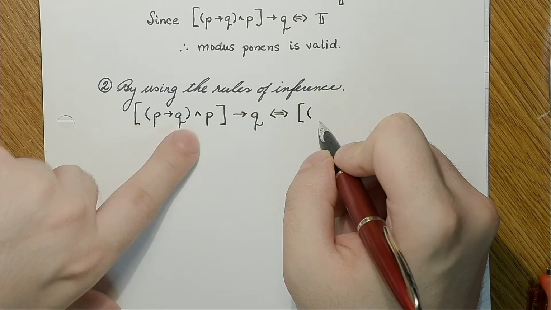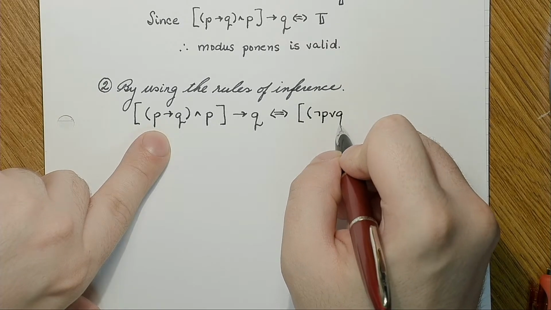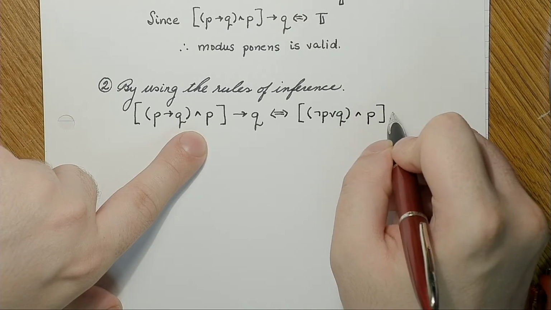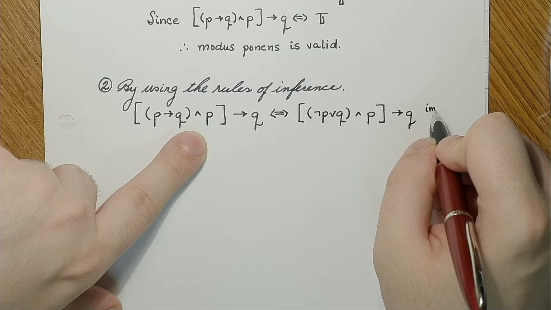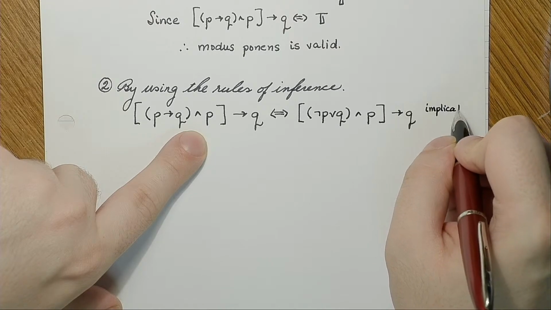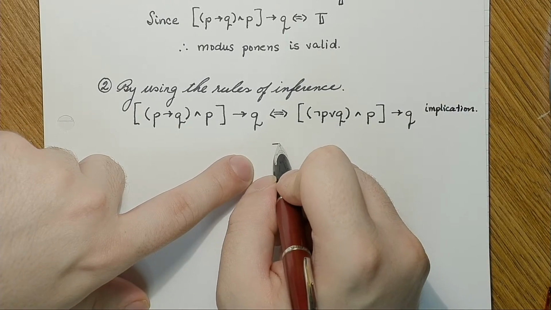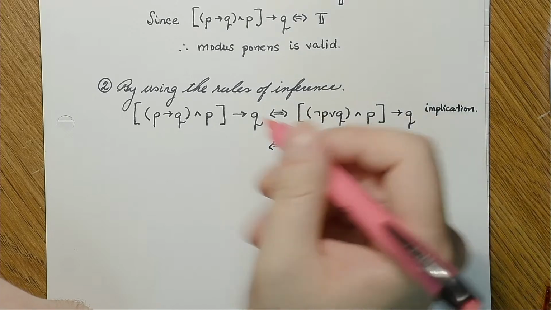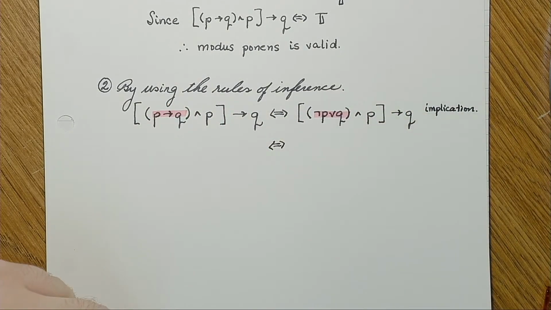So I have P implies Q. That's logically equivalent to not P or Q, and P. And I'll leave this implication. So I'm just changing this one right here. So that's fine.